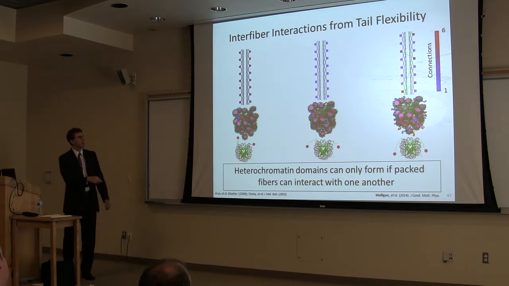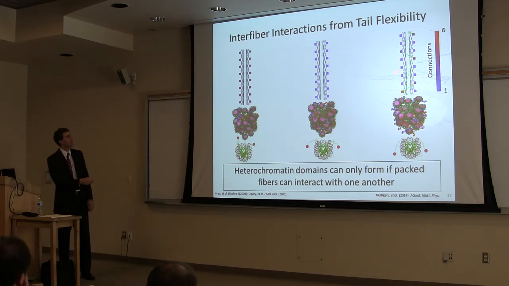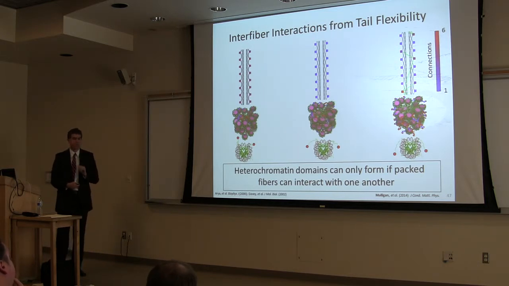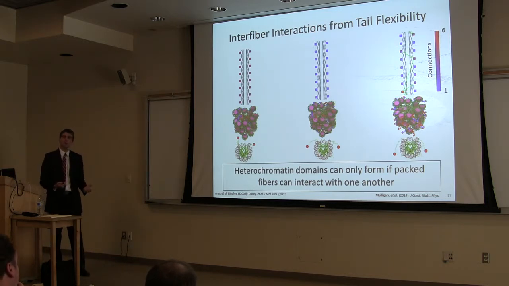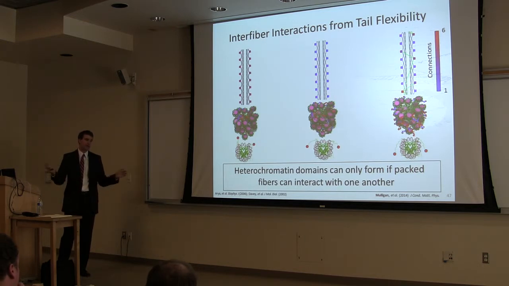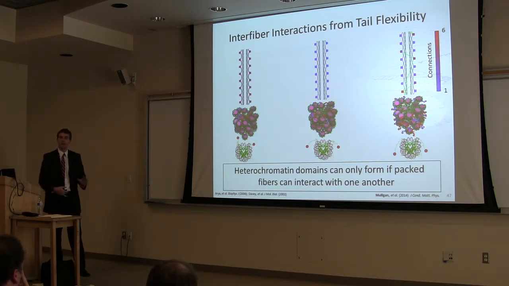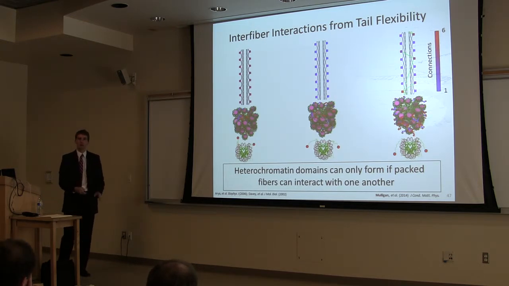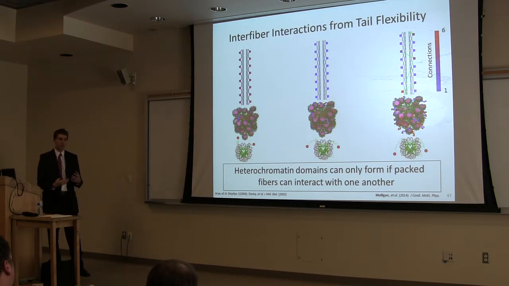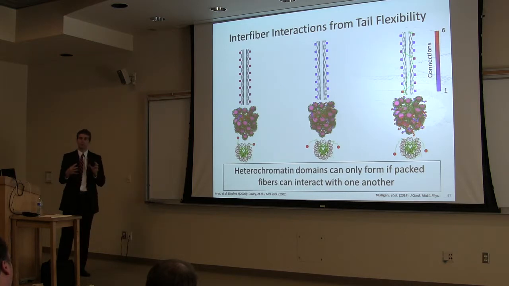It's only when the tails are allowed to flex outward from the fiber that you can get these green lines, these connections between fibers. The key point is that by allowing the tails to interact with neighboring fibers, you can form these aggregated domains. Otherwise, if they were only pointed inward and could only interact within the fiber, you could not form these larger structures.